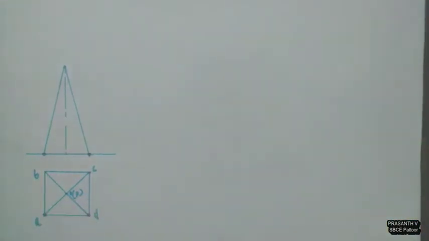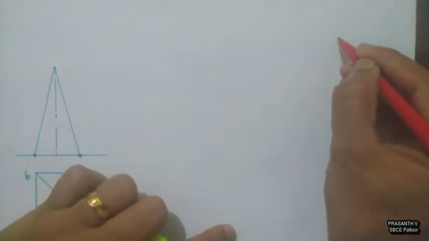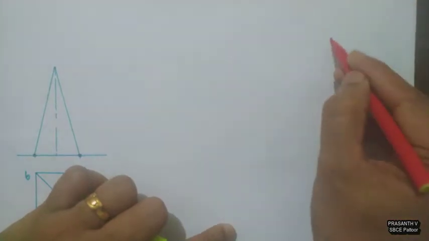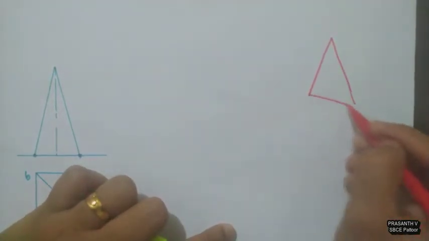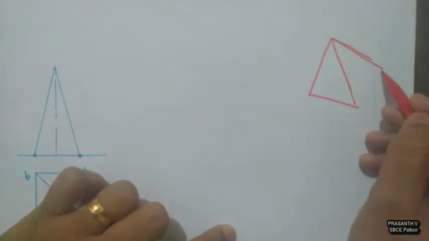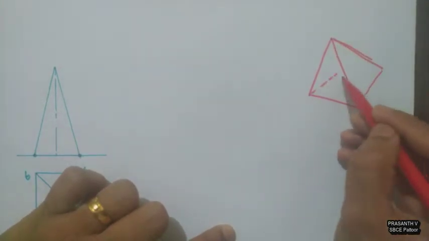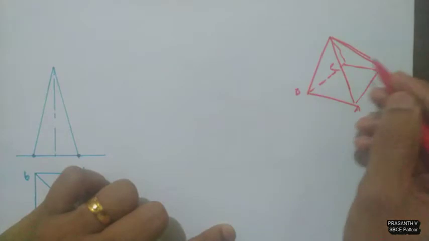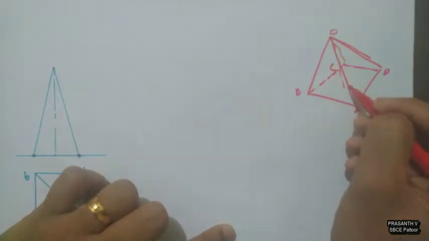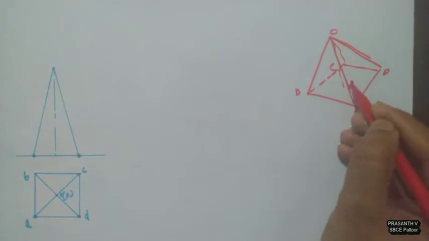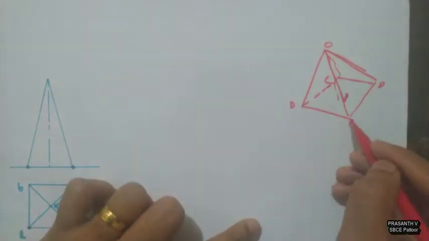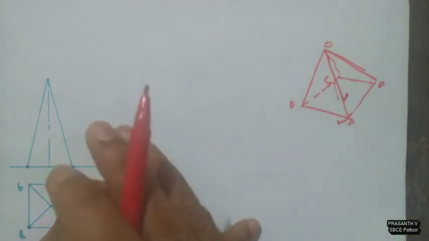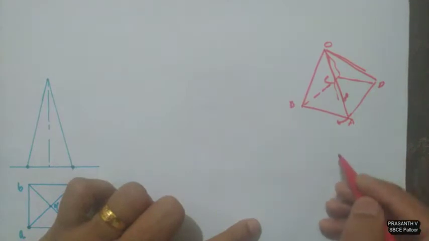Consider the pyramid A, B, C, D, O, the axis point is P. Now, if we develop the pyramid, from this point we have to unwrap the surface of that pyramid. So it will be something like this.